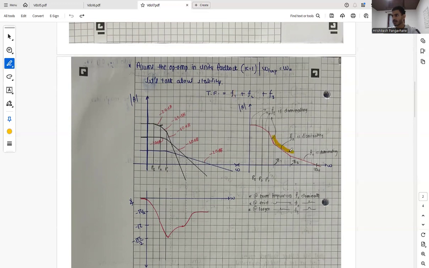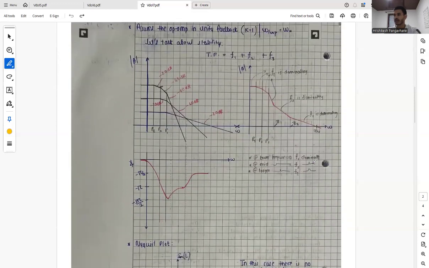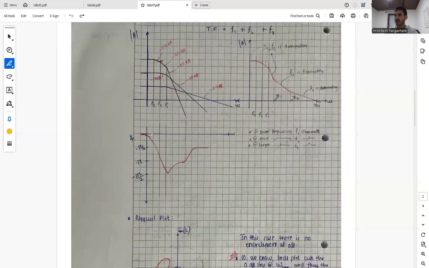At mid-range frequencies, function 2 dominates, and at very high frequencies, function 3 dominates. And thus, this is how our phase plot looks, in which there is 3 times minus 90 degrees phase lag due to 3 poles, and due to zero 1 again a phase lead, and again a phase lead due to zero 2.